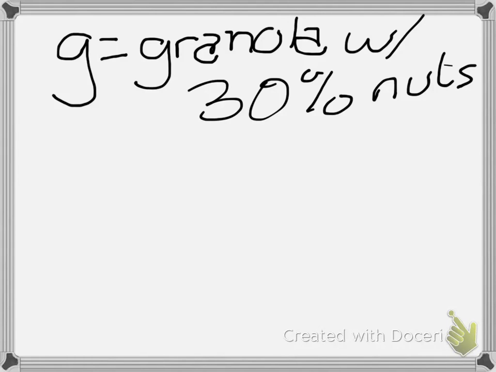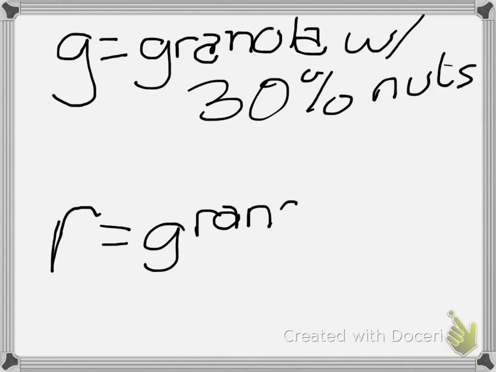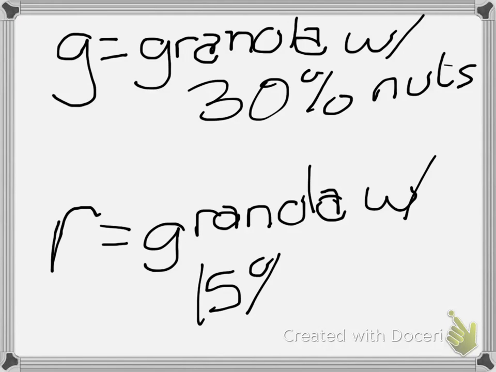And the second variable is going to be R, which will stand for the granola with 15% nuts. Okay, so those are our two variables.